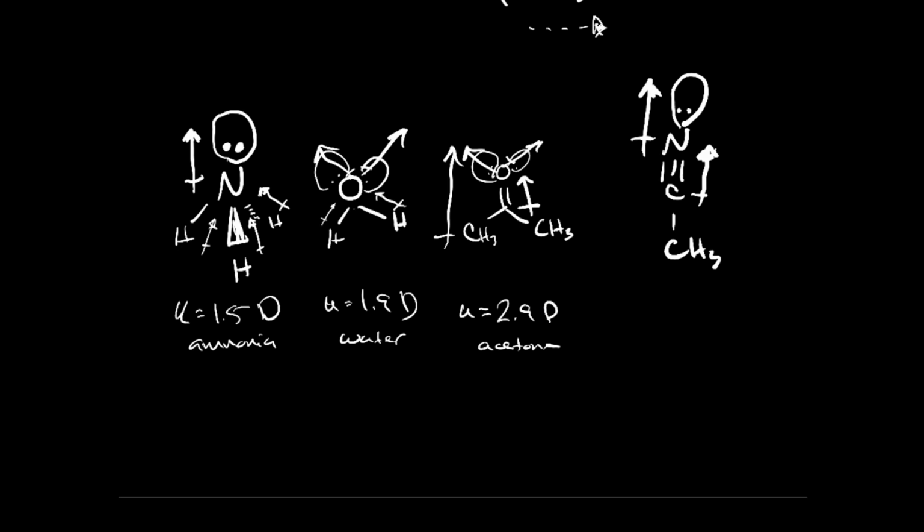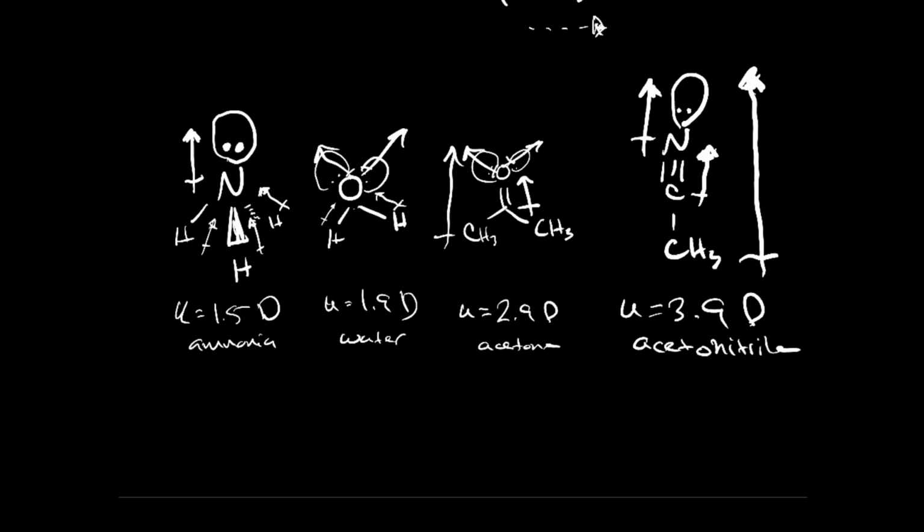So these two dipoles are completely directional, all facing this exact same direction. You add them all up together, that gives you a really strong dipole moment of 3.9 Debye. So that's a very polar solvent. And that solvent is acetonitrile. Okay? So lone pairs contribute quite strongly to the interactions between molecules. And you can see once you start building polarity in, right?